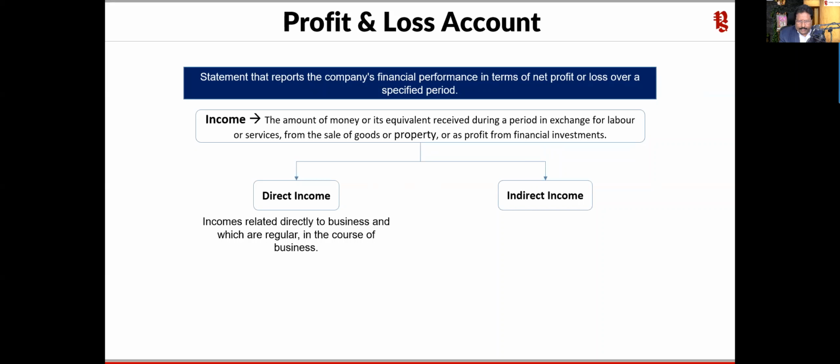The statement says very clearly, you are starting a business, right? Your main business activity is trading, or if you are a manufacturer, you are going to manufacture your finished goods and trade those finished goods, right?